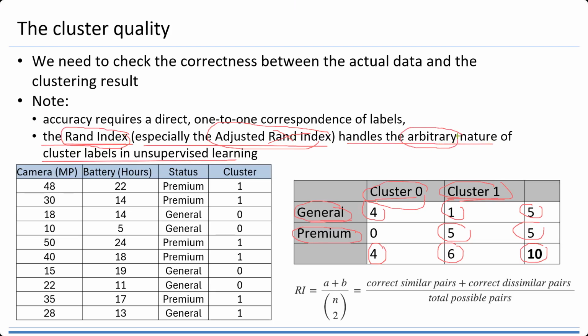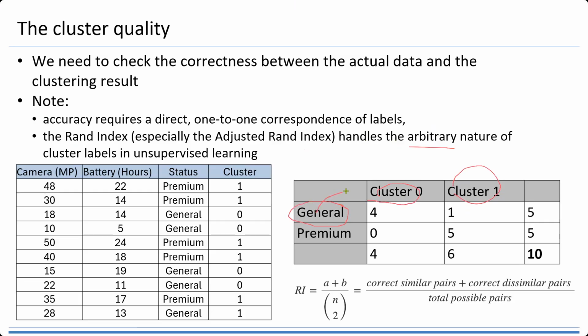What is arbitrary? Arbitrary means something random. We do not know. So whenever we have this data, general, we do not know whether it belongs to cluster 0 or cluster 1. It is arbitrary, random.